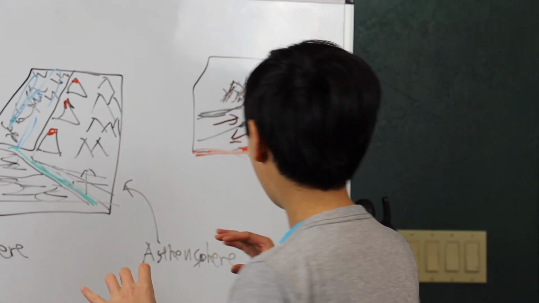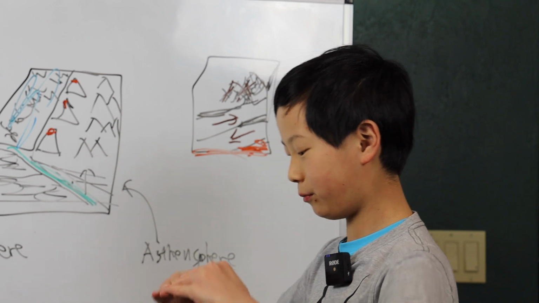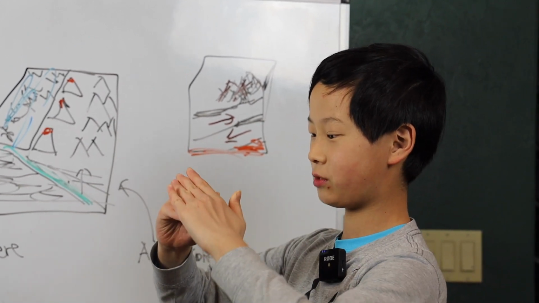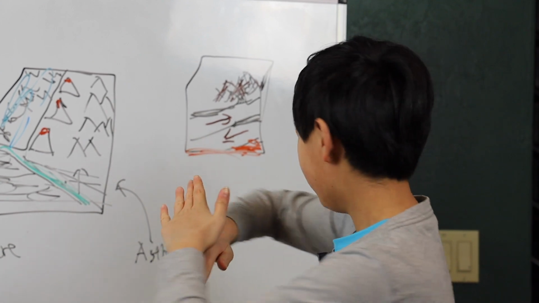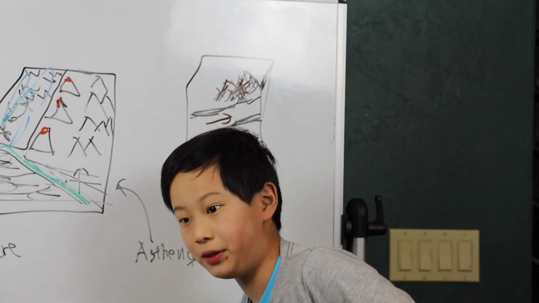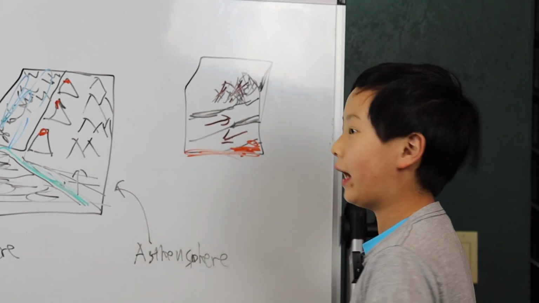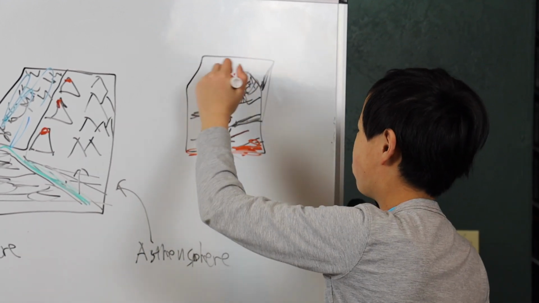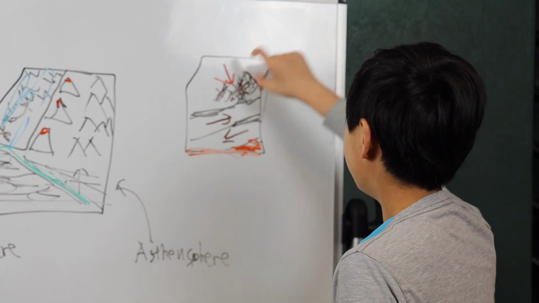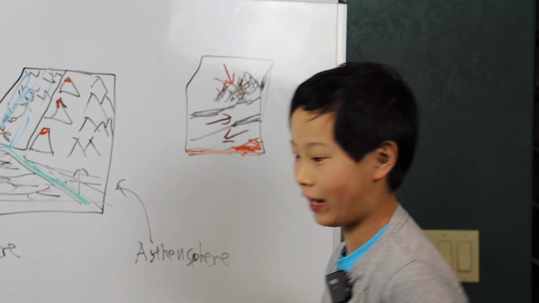So one forces its way up and the other forces its way down. Because it's being forced up, mountains form right here, and this is the magma underneath.